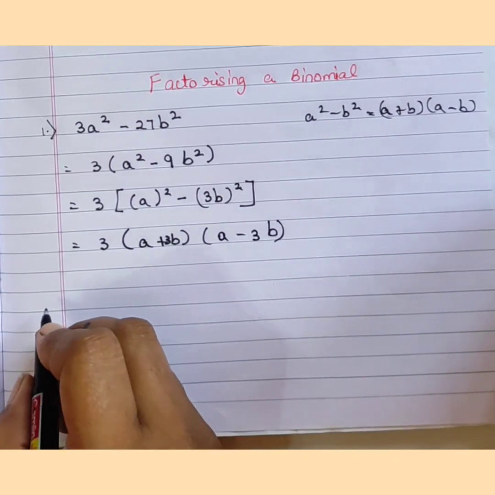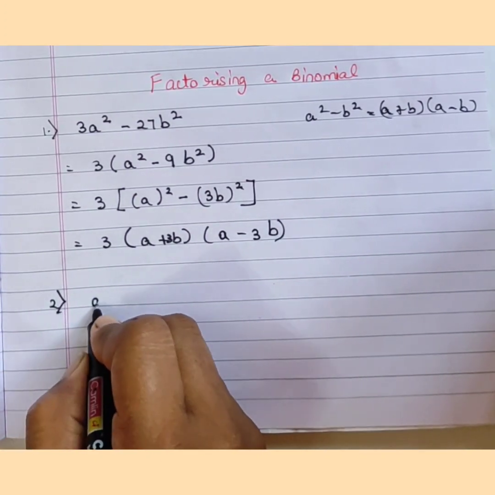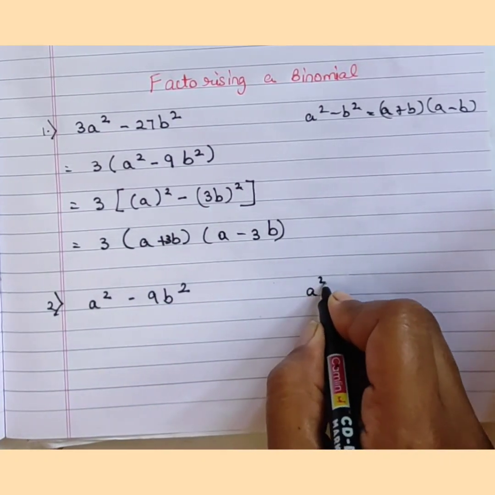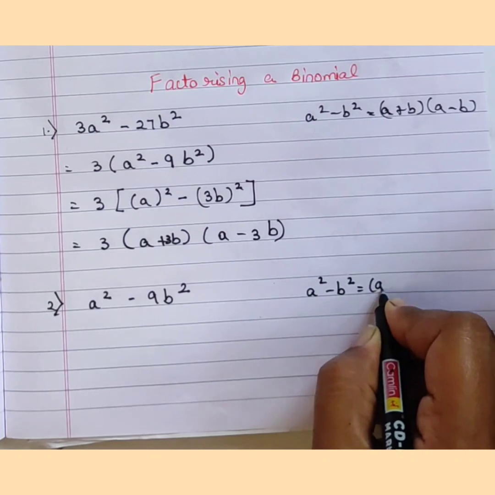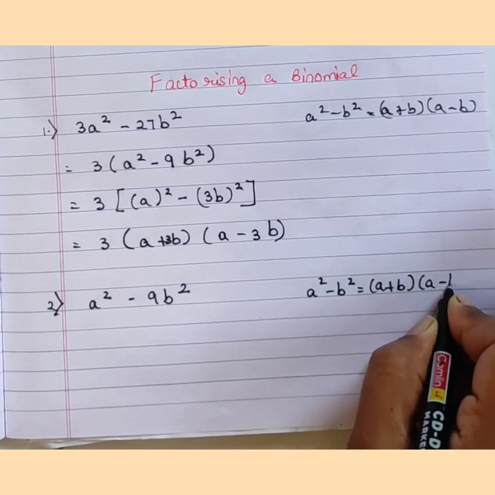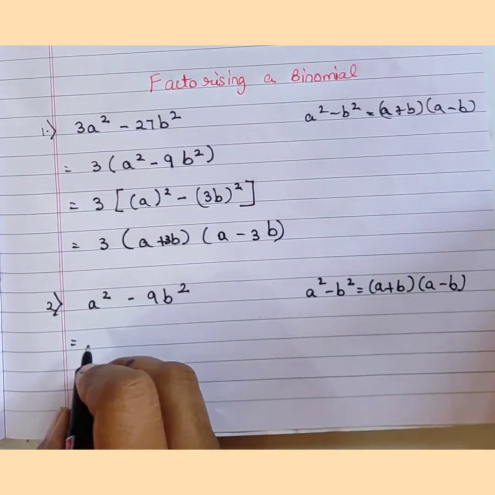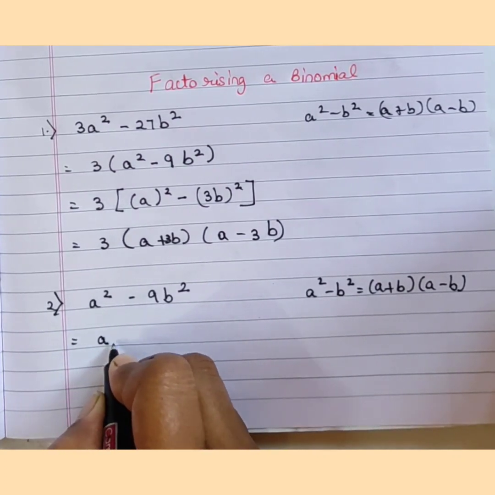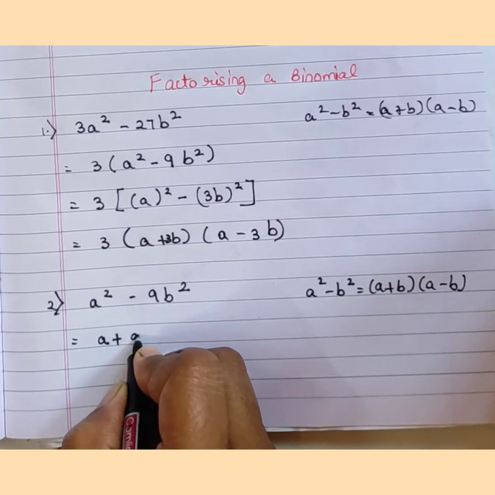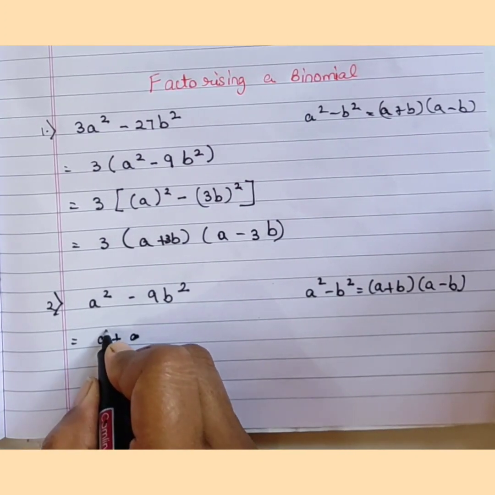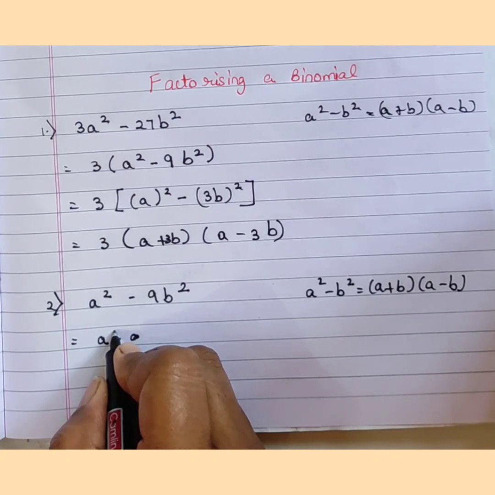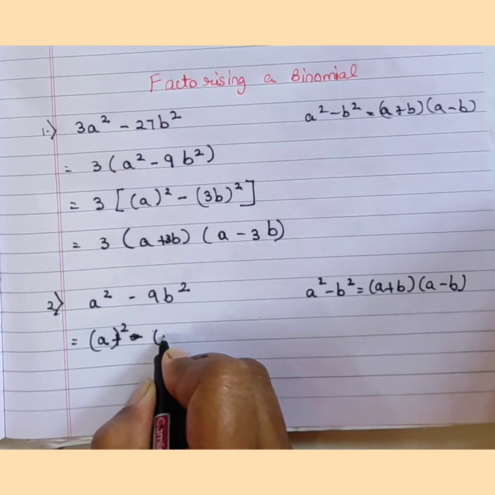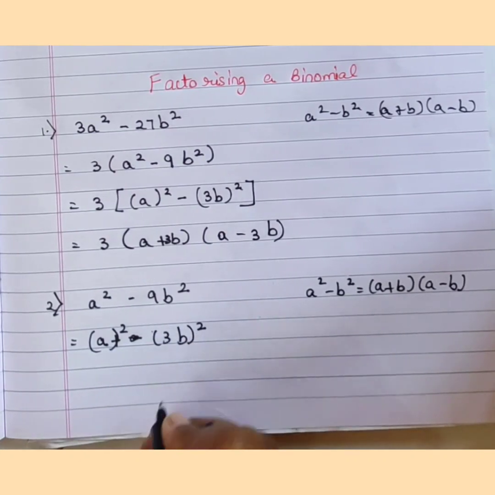Understood? Now we will take the second example, a square minus 9b square, which is of the form a square minus b square is equal to a plus b and a minus b. So a is a and b is 3b.